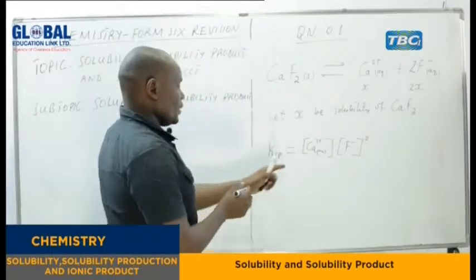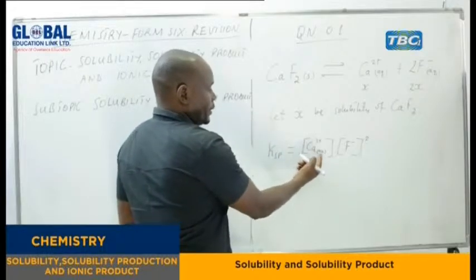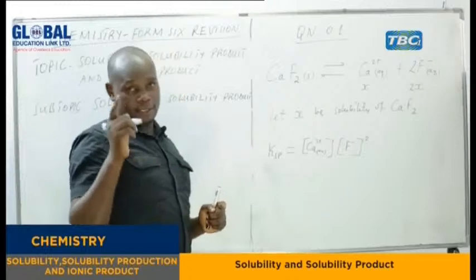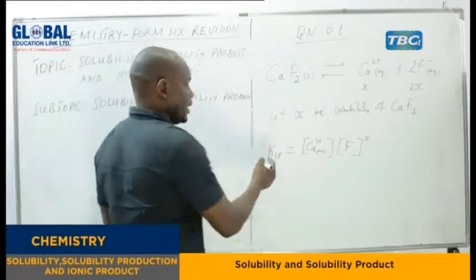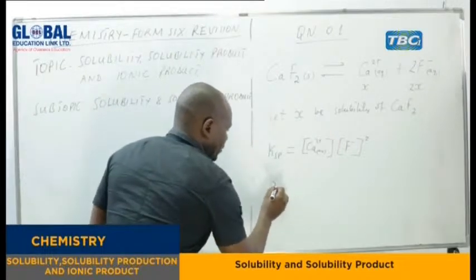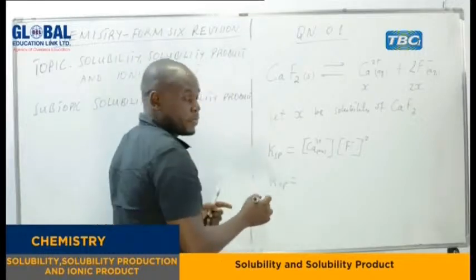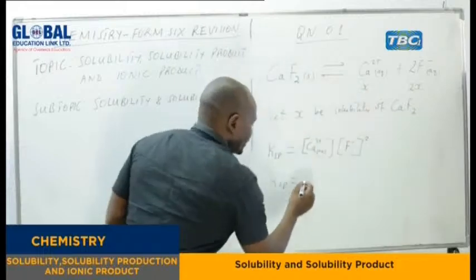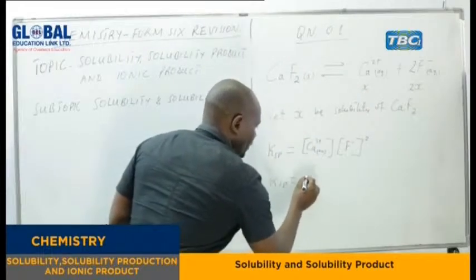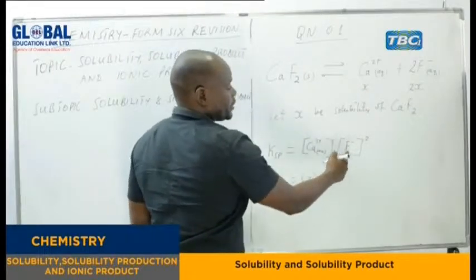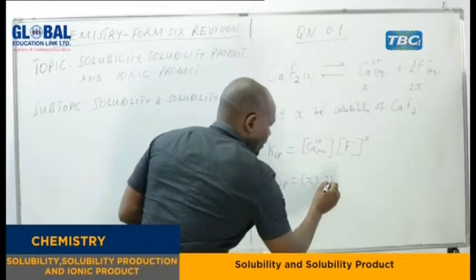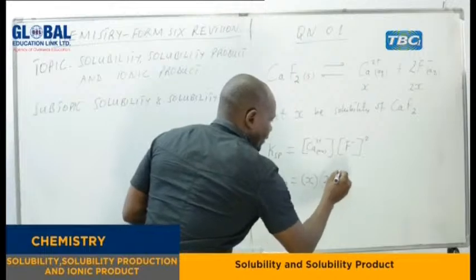The square bracket stands for concentration in moles per decimeter cubic. So KSP will be equal to the concentration of calcium ions, which is X, times the concentration of fluoride ions, which is 2X, then squared.